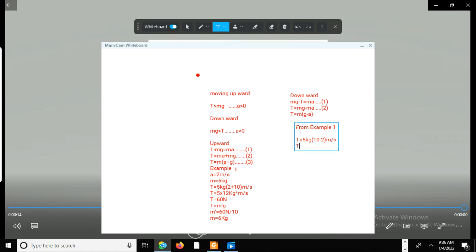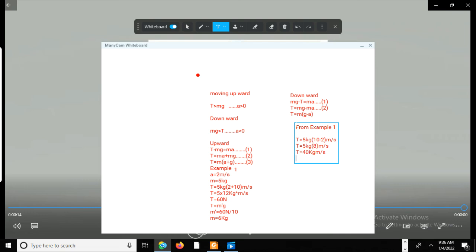So this tension is equal to 5 kilogram times 10 minus 2, 8 meter per second squared. So tension is equal to 5 times 8, 40 kilogram meter per second squared.